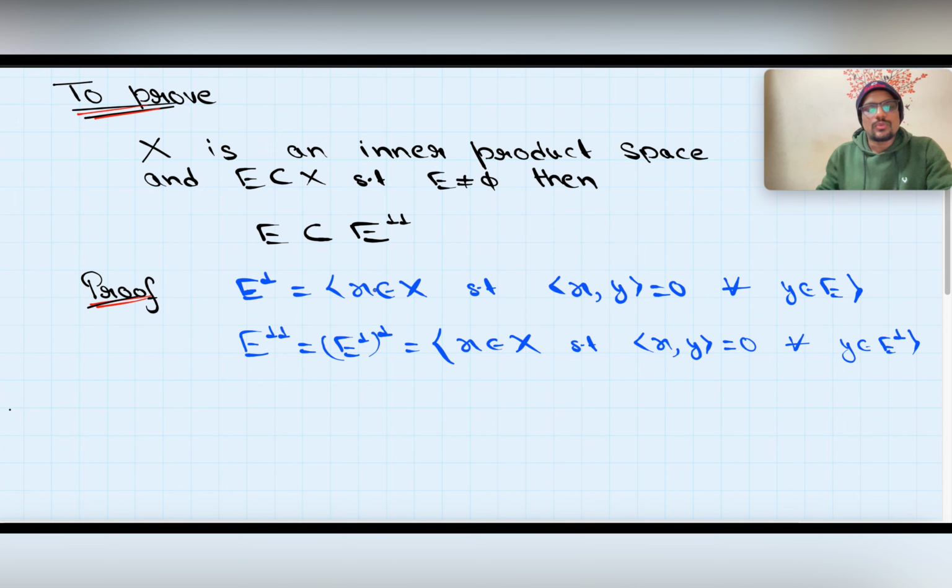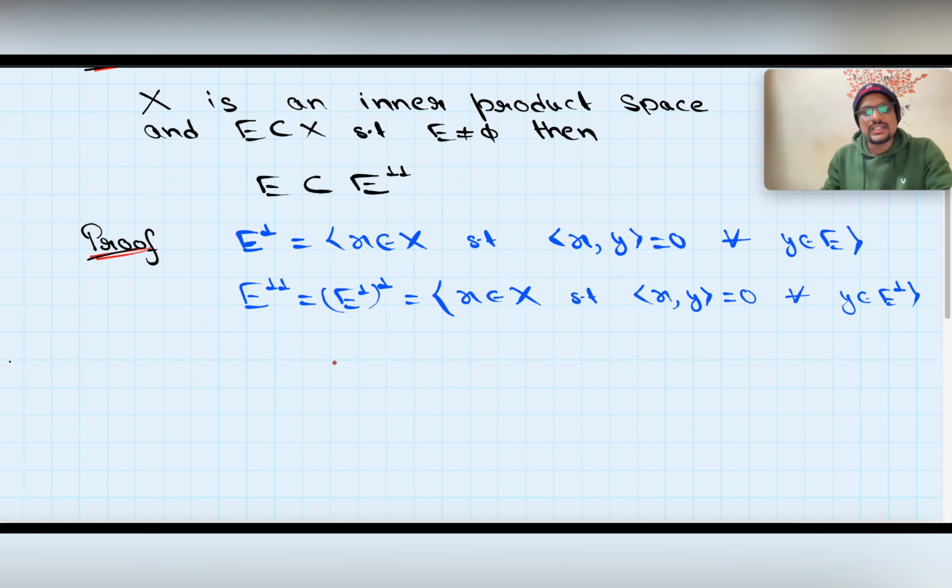Now what do we have to show? We have to show that E is contained inside E⊥⊥. So E is a subset, E⊥⊥ is a subset. To show that a set is contained inside another set, what is the first step we have to take?